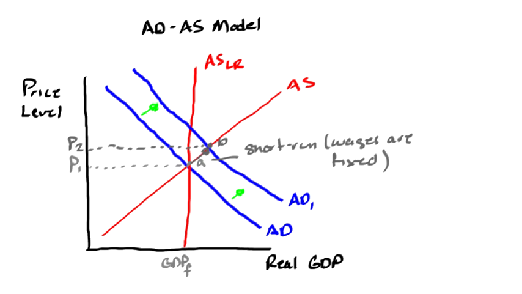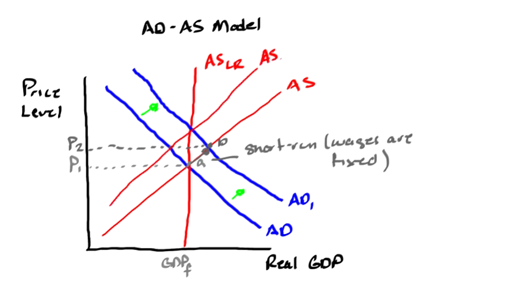Now in the long run, remember we determined that wages are now flexible. So now when those wage contracts are up and employees negotiate for a new wage, they're going to say, hey, the price level's gone up. We're not making as much real income. We need a raise. Now, what we know is if there's a raise to the employees, that's an increase in the cost of labor, which is an input factor price. So that's going to shift the supply curve to the left, right?